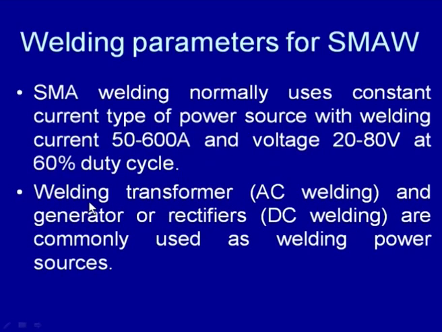For this purpose, welding transformers are normally used when AC welding is done, and generators and rectifiers are used as a power source for performing DC welding.